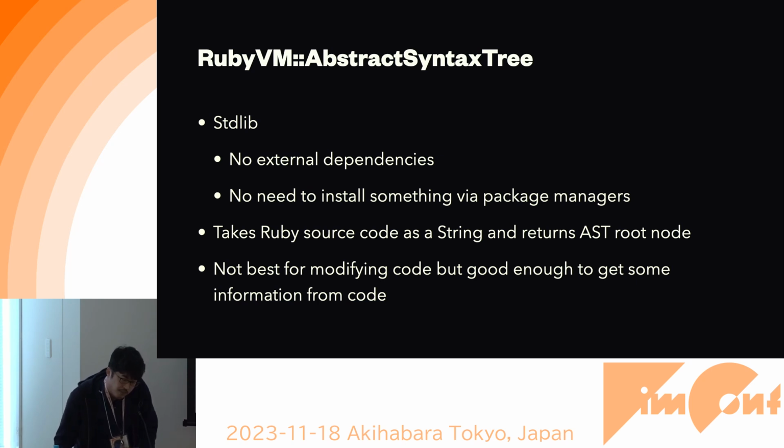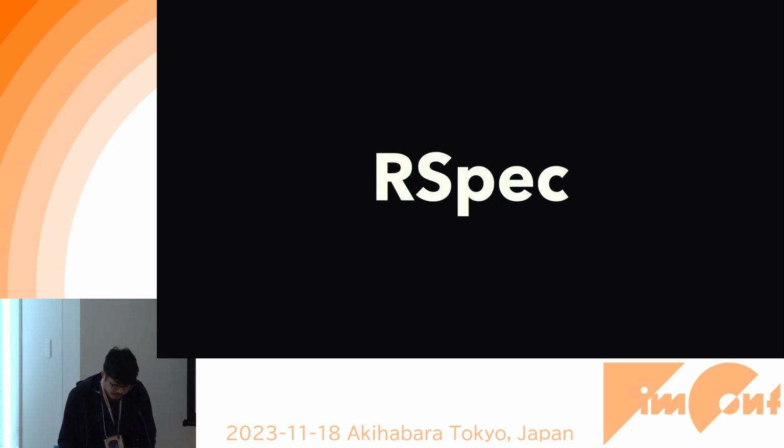This is not the best tool for autocorrecting, but it's good enough. In Ruby's world, Ruby's linter has its own parsing tools to make autocorrect possible. But it's good enough to get some information from code. I'll show you the real-world example later.